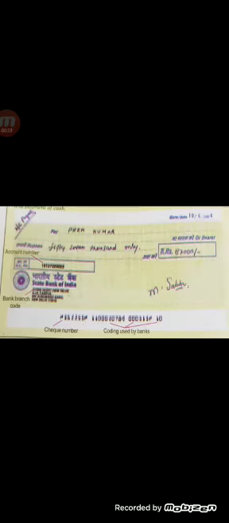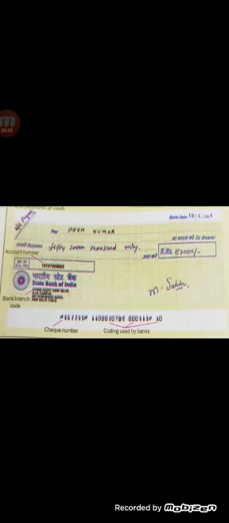Students, have you ever listened the word check? Definitely, you have listened this word. Now the question arises, what do you mean by check? A check is a document which orders a bank to pay a particular amount of money from a person's account in whose name check has been issued.